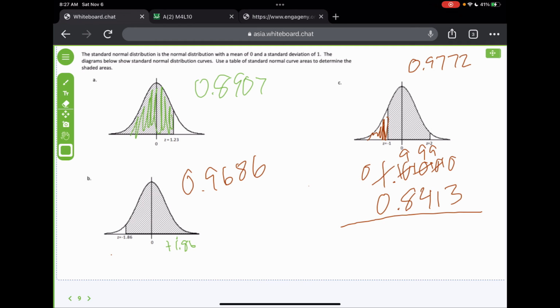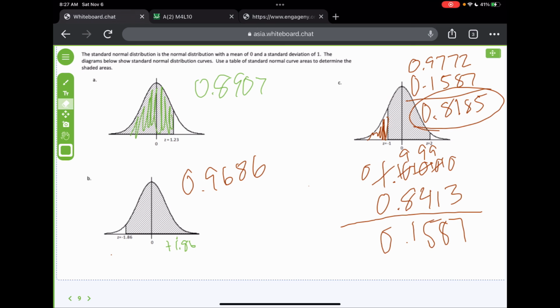We would get a 7, 9 minus 1 is 8, 9 minus 4 is 5, and then 9 minus 8 is 1. Then we take that up here and subtract it, and that gives us our total value of 0.8185. That is the total probability of values that fall in this range here.